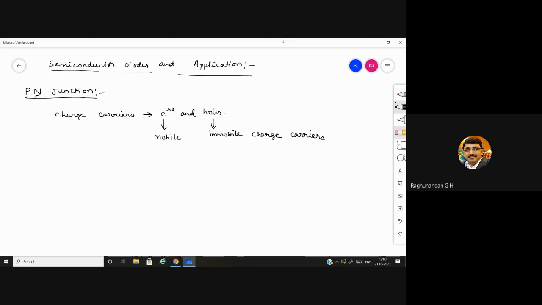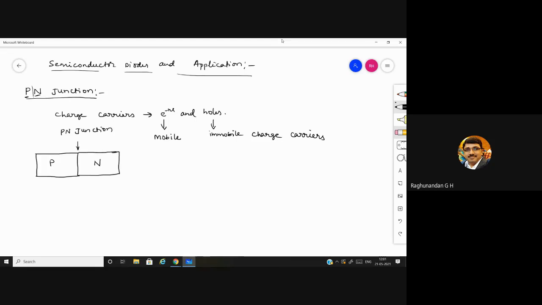When you sandwich these P and N layers together, a junction is formed which is known as the PN junction. So we take one P layer, this is P, and we take one N layer. When you sandwich them, the junction formed between the P and N layers is known as the PN junction.